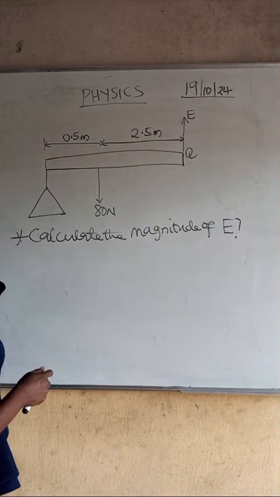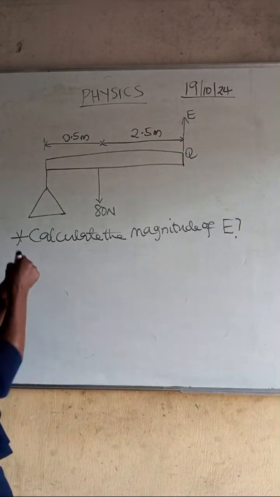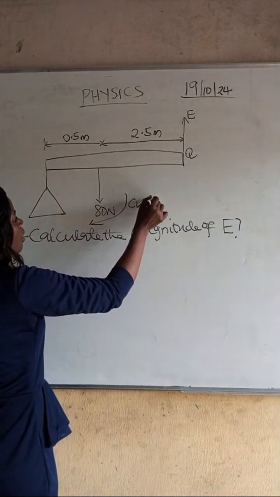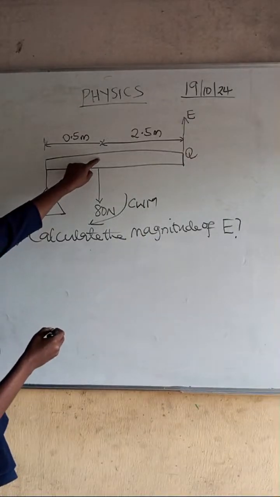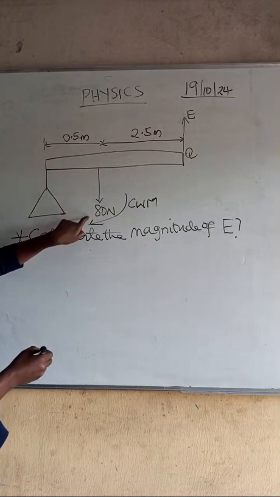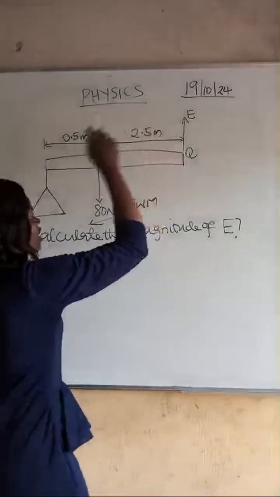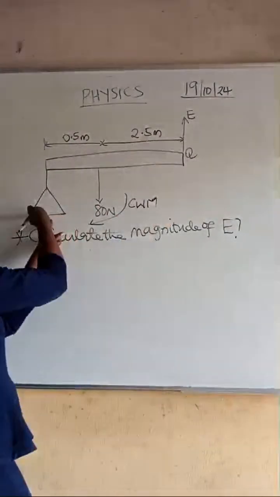Which one is clockwise, which one is anti-clockwise? The clock is always going this way. This is clockwise moment, right? Now, this is the middle. From here to the center, this is the distance for this force of 80 Newton. Now, this one is acting up, and it's not going to come down to act through this side.